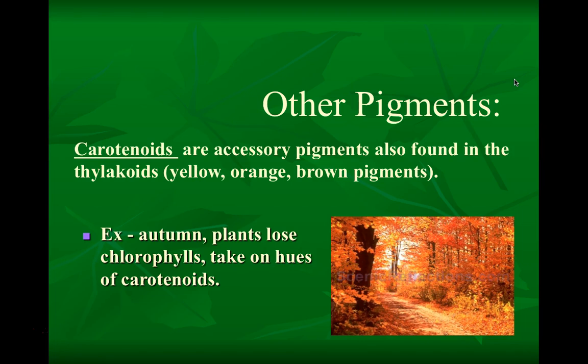The colors that you see are the colors that are actually reflected. So whatever color you're seeing, it's absorbing everything opposite. So carotenoids absorb green, blue, violet and indigo, but the colors that they reflect would be yellows and reds and browns and oranges, and those are the colors that make up this fall hue.